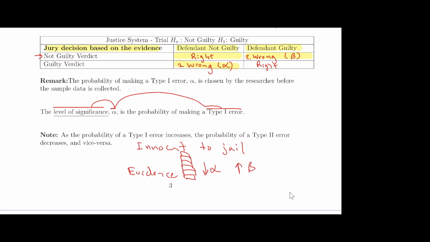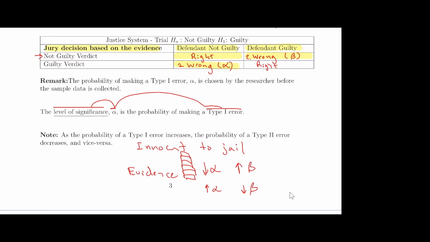If you're super paranoid and you don't want to let any guilty person free, if you want to lower that probability, that just means you're going to send more people to jail that are actually innocent. Because if you think the person is guilty, you're going to send them to jail, so you're going to need less evidence.